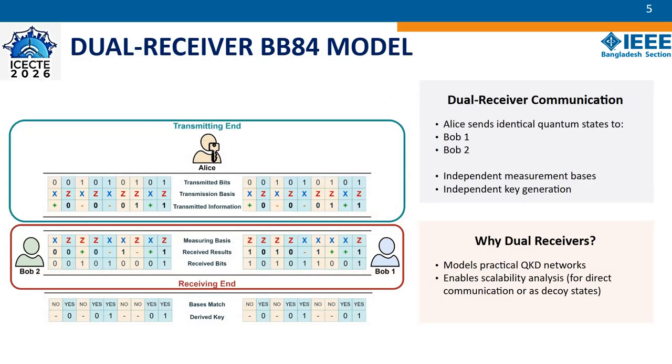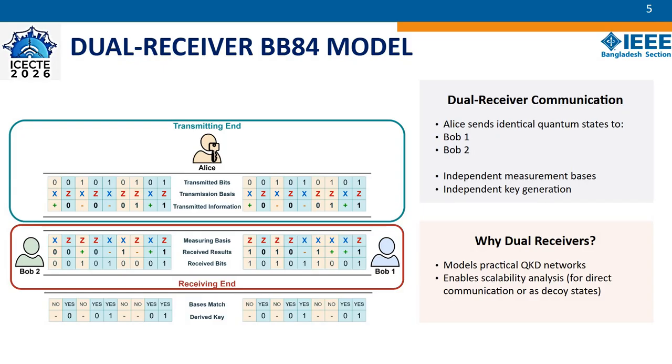In our dual receiver model, Alice transmits quantum states simultaneously to Bob1 and Bob2 through a quantum channel, where she measures transmitted bits in random measurement bases, which are X basis and computational basis, also known as the Z basis. Each receiver chooses measurement bases independently from their side.